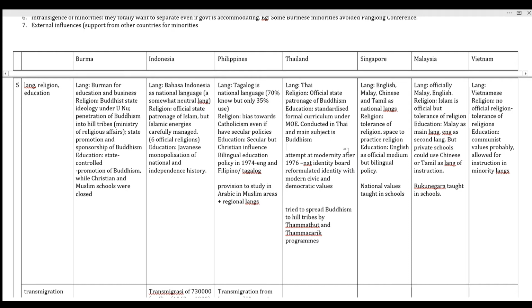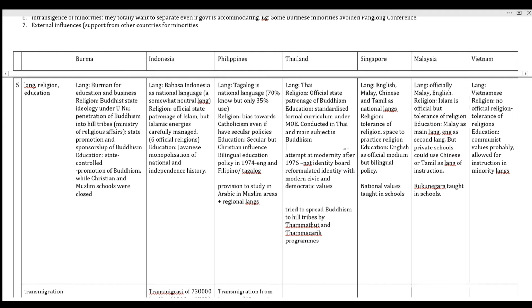In education, they have a secular education but with a Christian influence, and they have a bilingual education policy from 1974, which gives English and Filipino, or Tagalog. And they did give some provision to study in Arabic in the Muslim areas, or any other regional languages that they have there, which sounds pretty good, I guess. It's better than nothing.